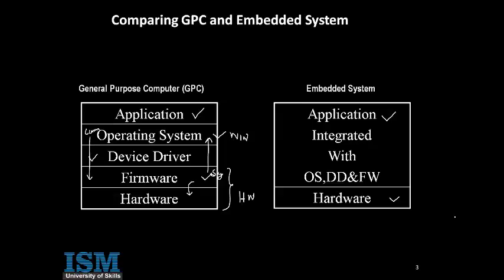Once the operating system comes in, we need device drivers so that this OS can recognize the hardware. Write device drivers and make them a part of the application. So it is the application integrated with the operating system, device driver, and firmware made as one image. We call this an image, one program, loaded on the hardware. That's how it is.